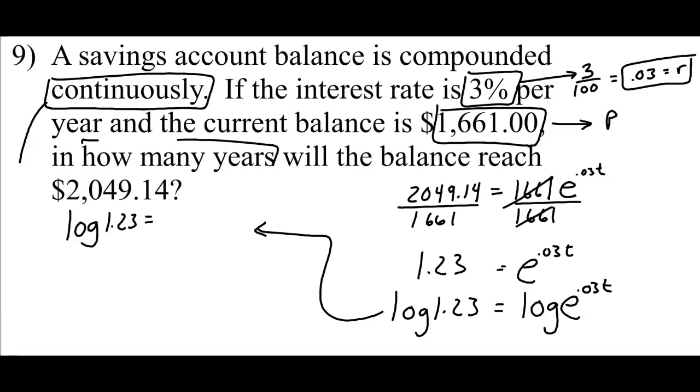The next step is to take this guy and throw it up to the front. Then we're going to divide both sides by log e.